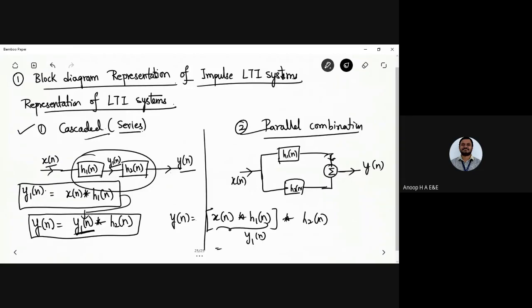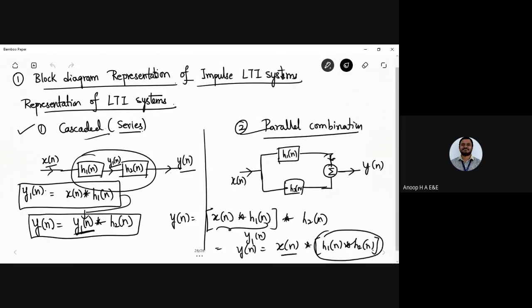Now I have the associative property being applied. I have X of n convolved with H1 of n convolved with H2 of n. So Y of n is equal to X of n convolved with the two impulse responses, H1 of n convolved with H2 of n.